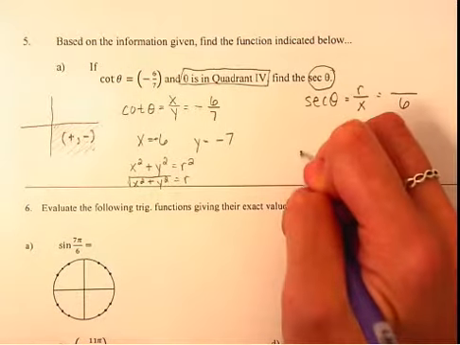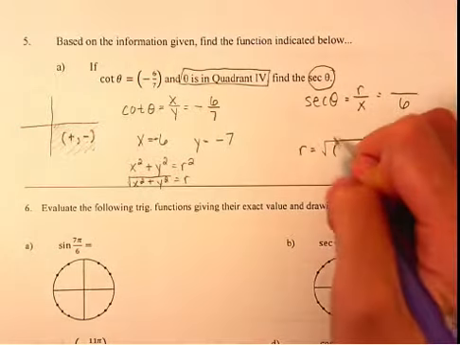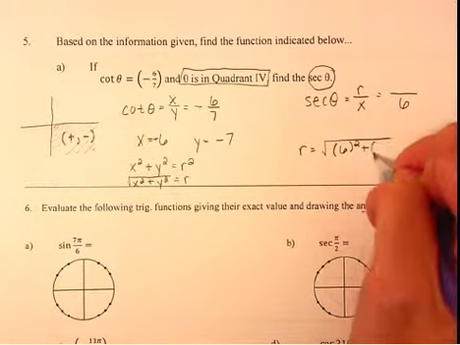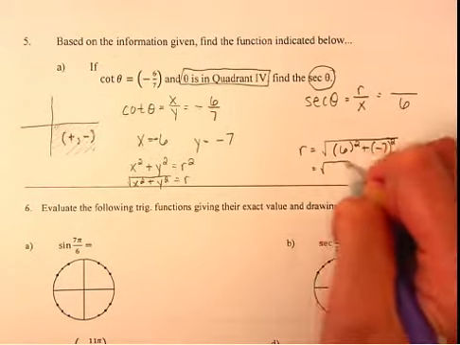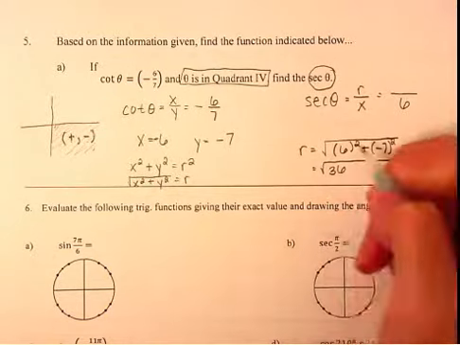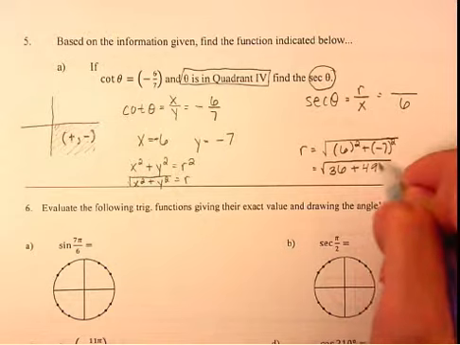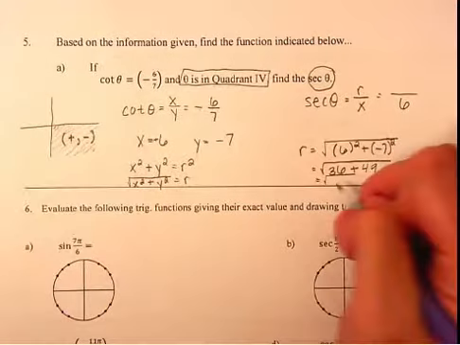And this just makes our life a little bit simpler. So r equals the square root of, and I use parentheses again, x, which is 6 squared, plus quantity negative 7 squared. 6 squared is 36. Negative 7 quantity squared is 49. Add those together, you get the square root of 85.